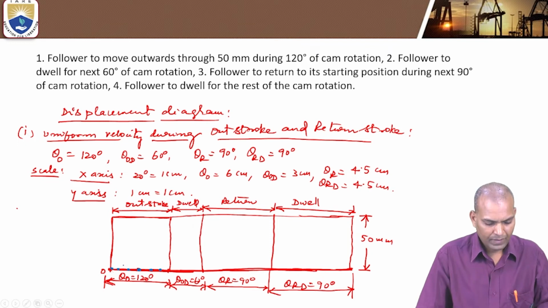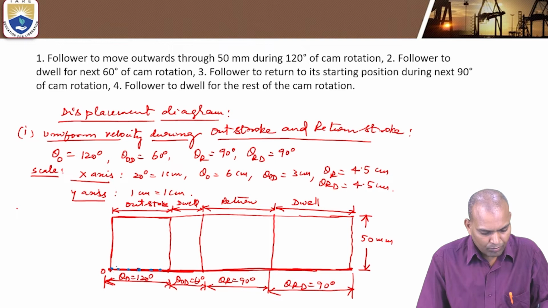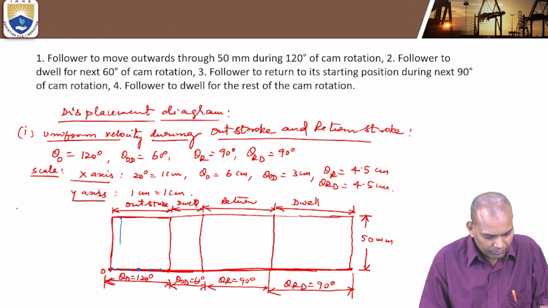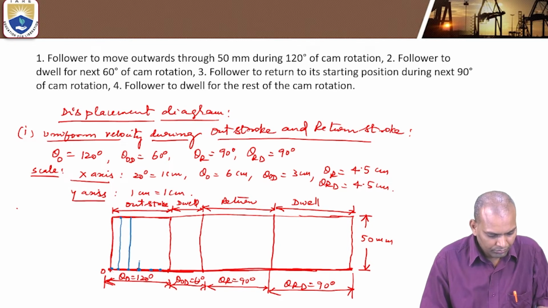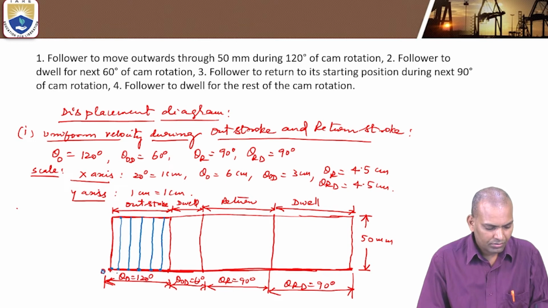It is 6 centimeters for theta O, so each division is 1 centimeter in length. Mark the same numbers again and join with a straight vertical line. Okay, mark this: 1, 2, 3, 4, 5, 6.